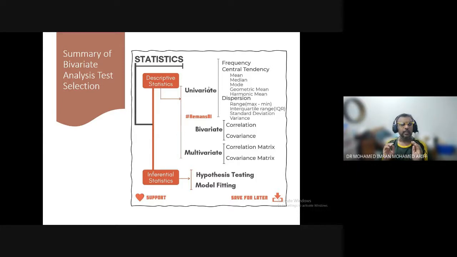And we have learned about what are the techniques used to analyze bivariate, depending on the measurement scale that you take. Kalau ordinal, inilah dia. Kalau nominal, inilah dia. Kalau interval, inilah dia.